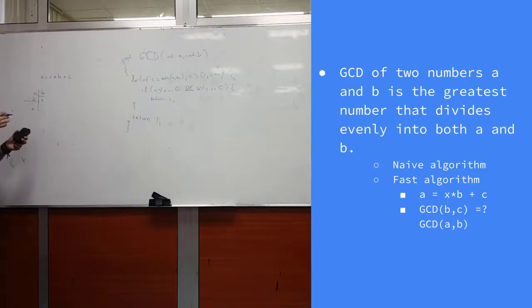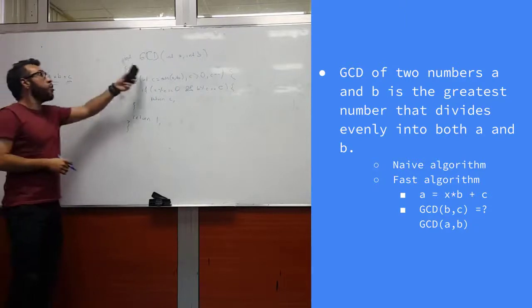But I think you are able to follow, right? Okay. So I forgot your representation, but this is how we do it. Now let's think about this. This basically means that the remainder of this division is C, right? And A is equal to X times B plus C. So now let's focus on these numbers.